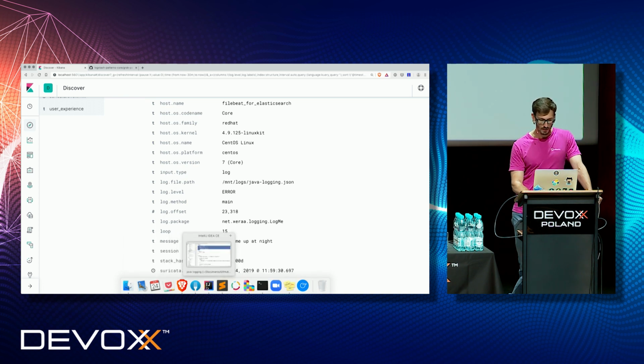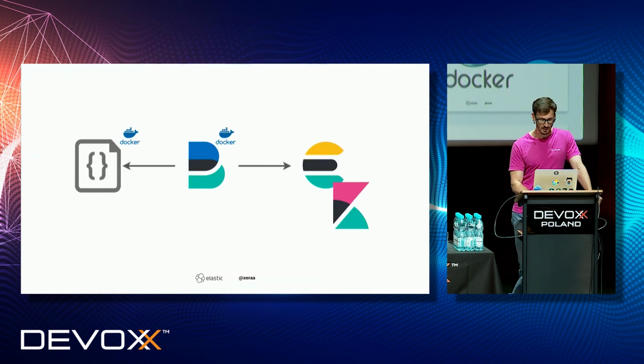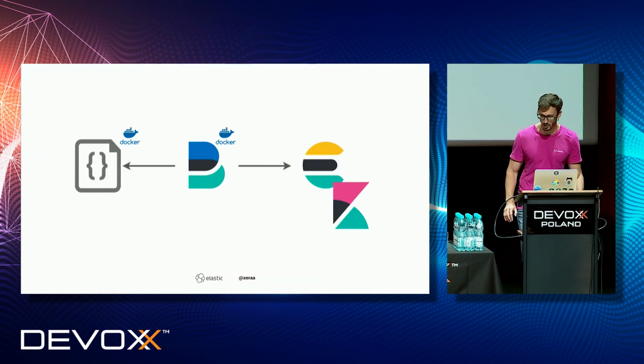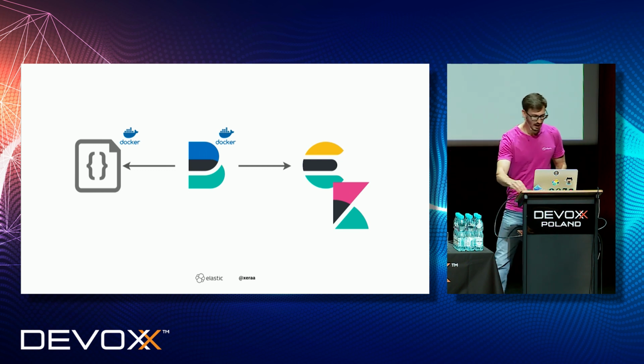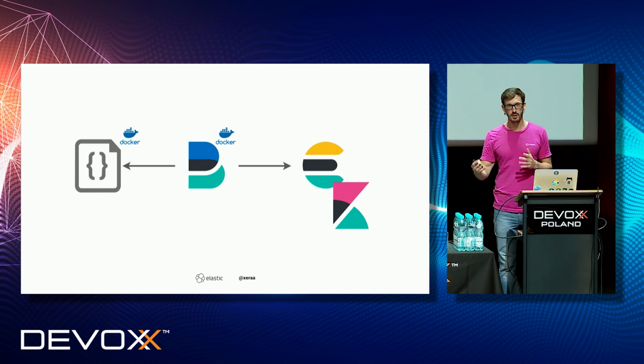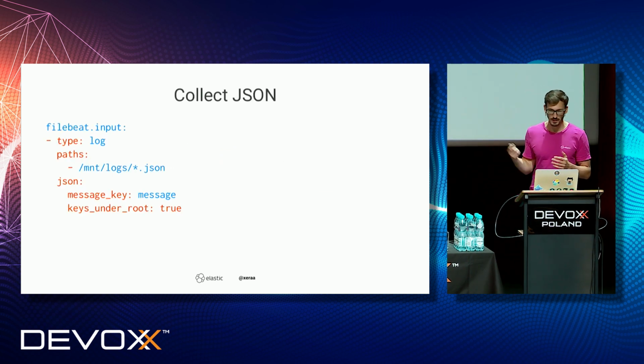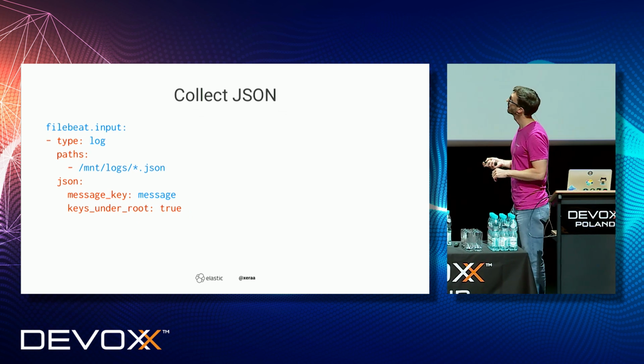And for Filebeat, this is actually very simple. All we have to do is tell it, well, this is JSON, and we need to collect JSON correctly. So my beat is writing out to the JSON file, Filebeat is tailing it, and it sends it directly to Elasticsearch because we don't need Logstash anymore. There's no parsing to be done in this example, so we can just skip Logstash here. This is what you need to configure in Filebeat.